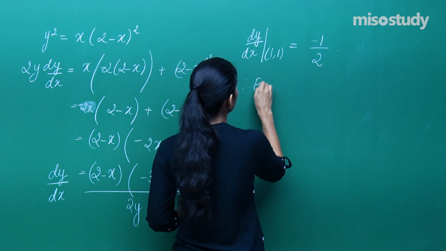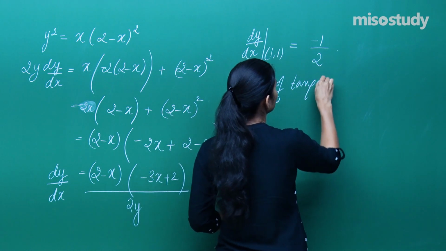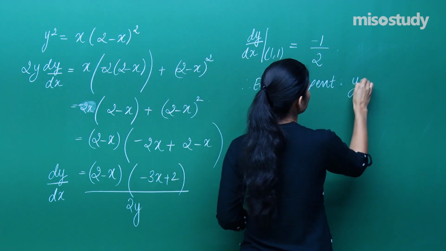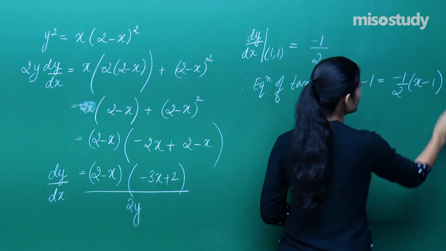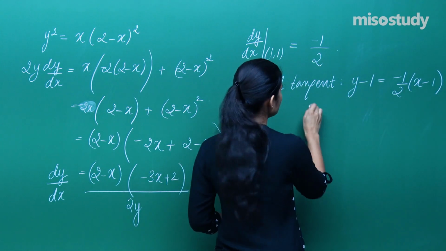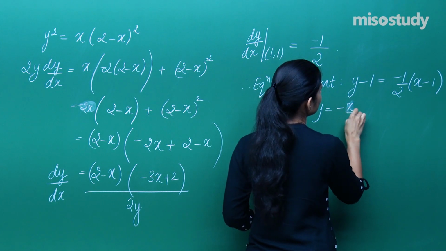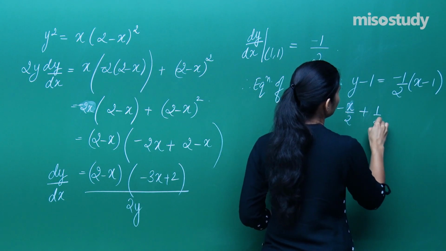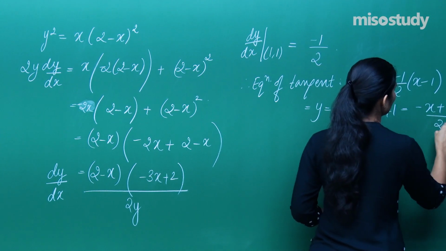Therefore, the equation of tangent at (1, 1) will be what? y minus y1 equals m into x minus x1. So this gives you y equals minus x by 2 plus 1 by 2 plus 1, which is (minus x plus 3) whole upon 2.